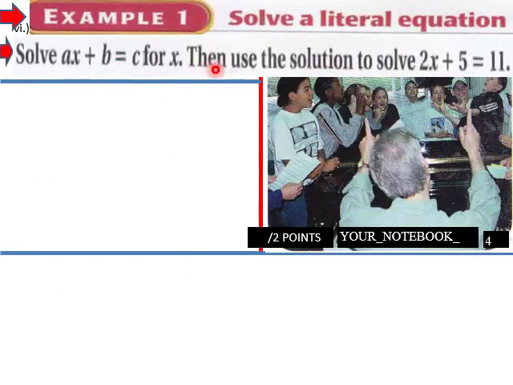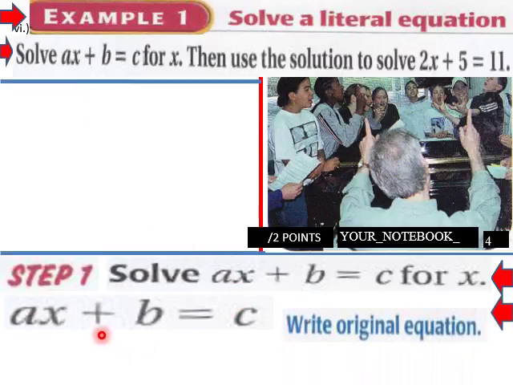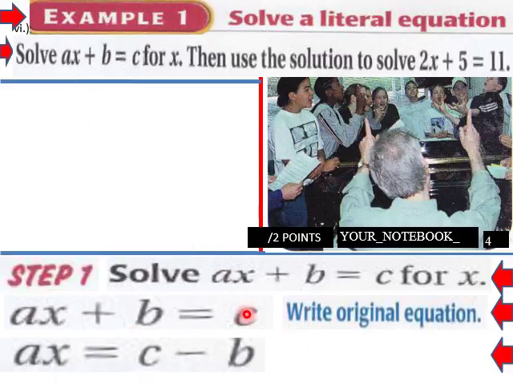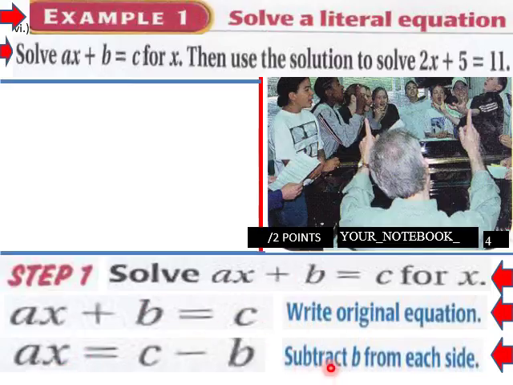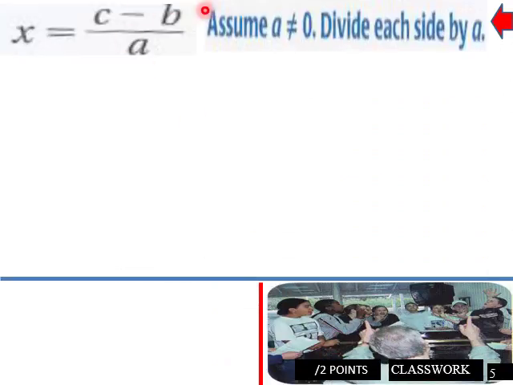Solve ax plus b equals c for x, and use the solution to solve 2x plus 5 equals 11. So let's solve this first for x. We rewrite the original, and then we move over our b. That's our first step there: subtract b from both sides, and then we divide each side by a to isolate our x. We divide our difference by a.